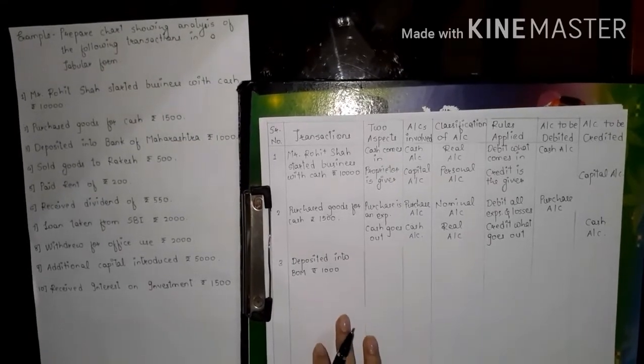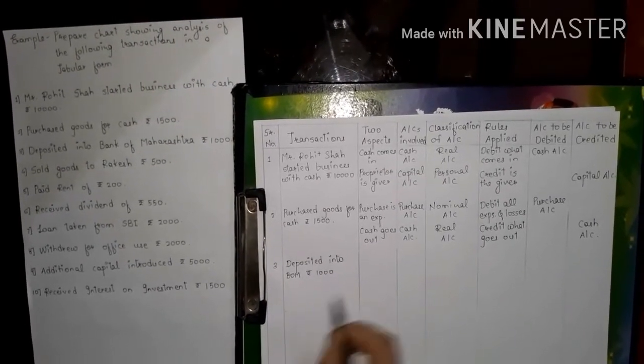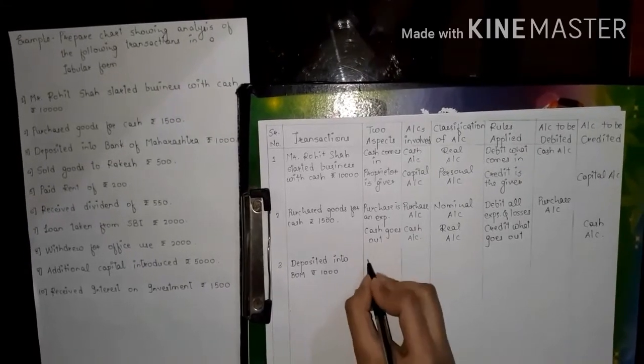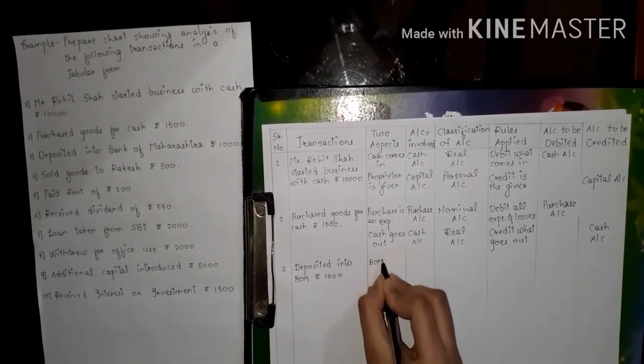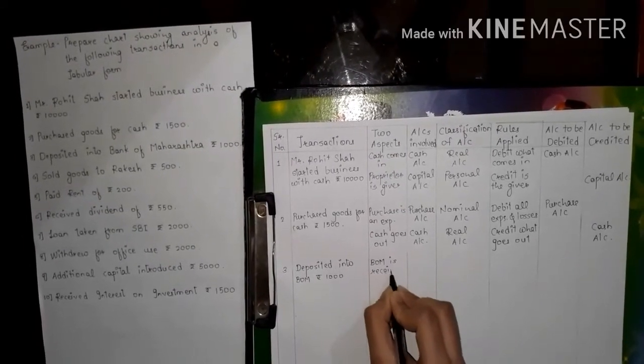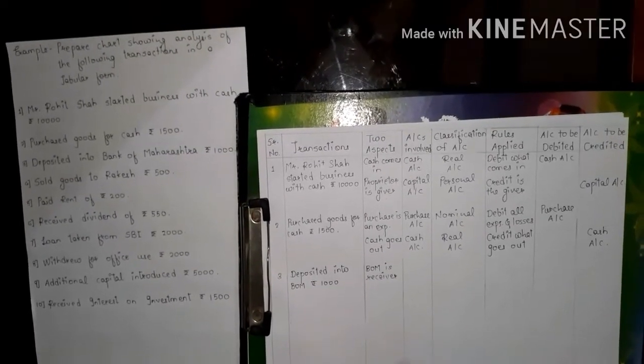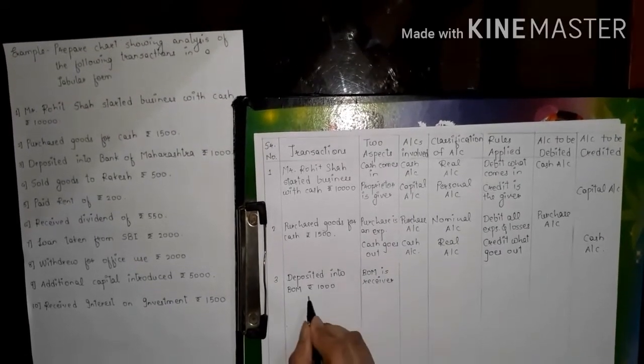Now, who is the receiver of the cash? Bank of Maharashtra. The first aspect will be BOM is receiver of the cash. I am writing here in short form: BOM is receiver. And what have we deposited into Bank of Maharashtra? That is cash of rupees 1000.